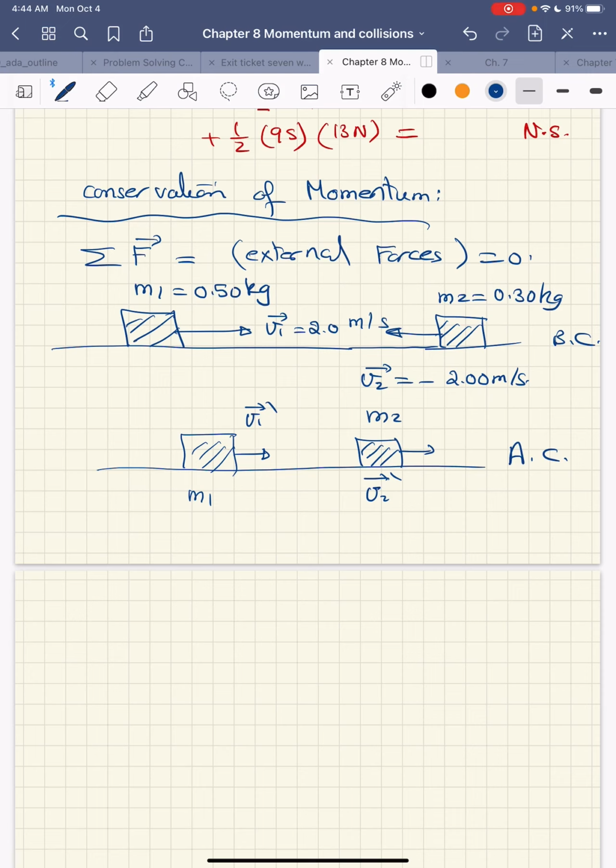Okay, after collision, this one was given as 1.